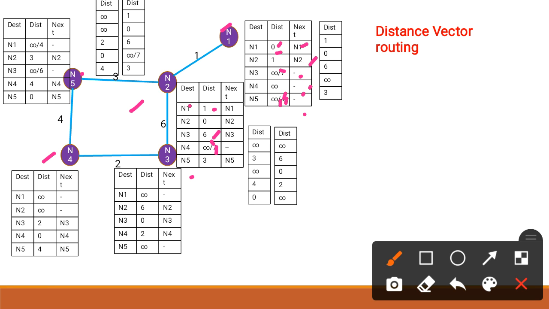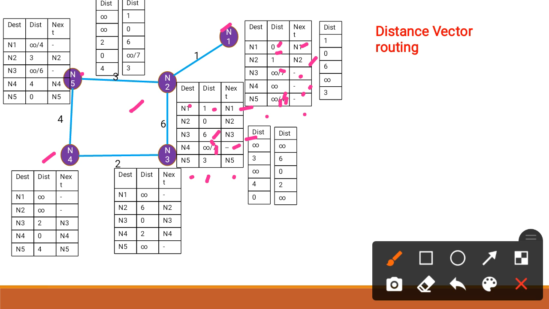Then n2 to n5 is 3. Next hop means when we are going to n1, n2, n3; if it is infinity, we don't know the next hop, and for n5 we write n5. Similarly, we complete all the tables.